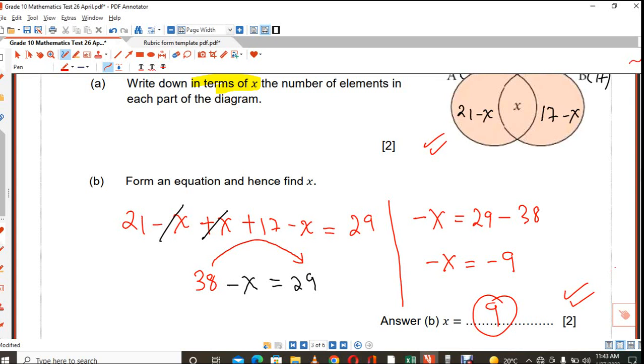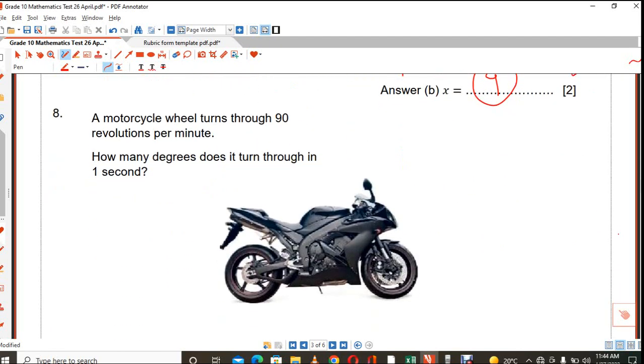If these were people, how is it possible that there are minus 9 people? Some of you did a wrong calculation and then got to the answer, realized it should be a plus, not a minus, and scratched the minus. Can I give you the full marks? Because you have arrived at something.